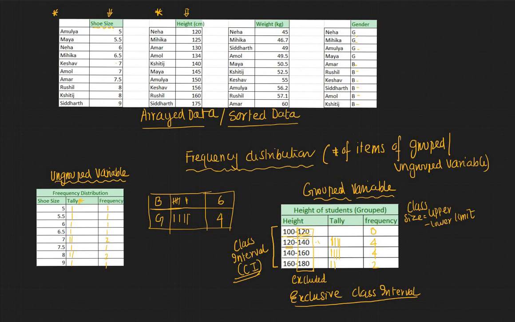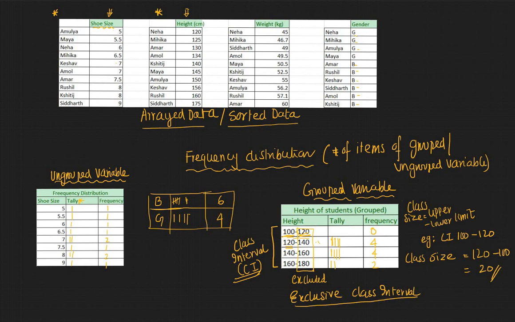And here you can see that for the class interval 100 to 120, the upper limit is 120 and the lower limit is 100. So the class size is equal to 120 minus 100. So that's equal to 20. So that's your class size.